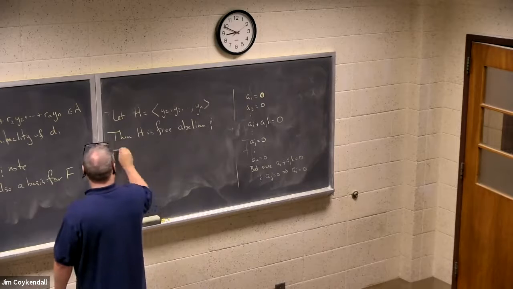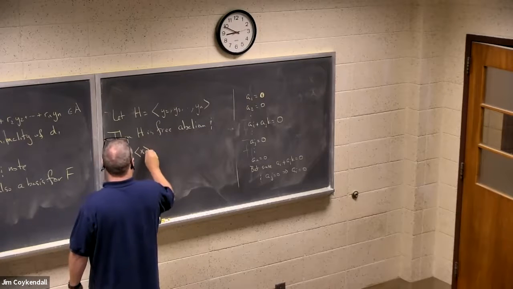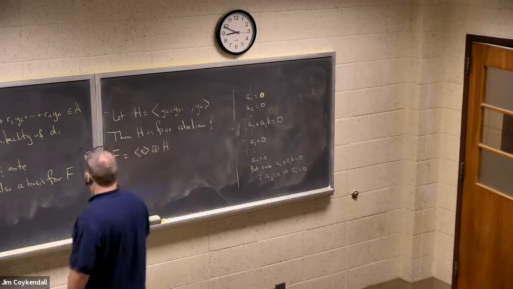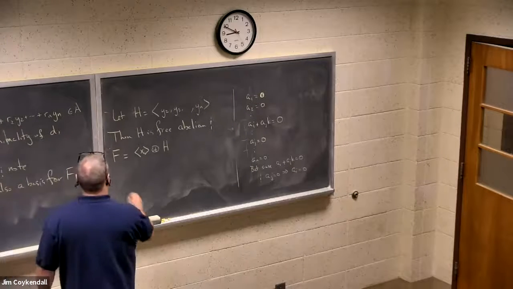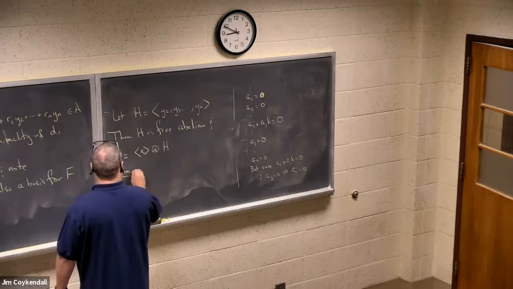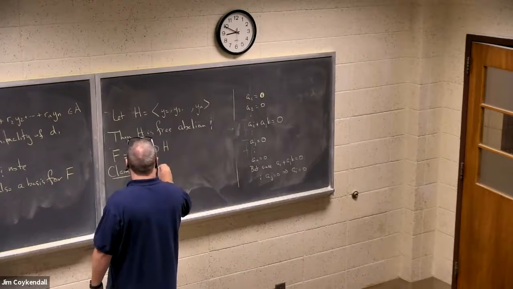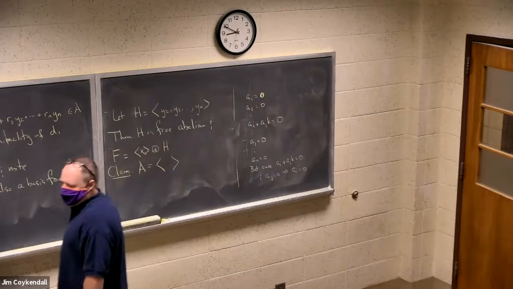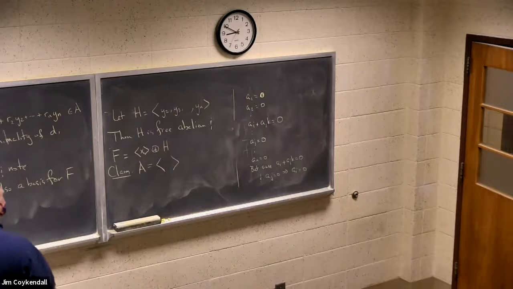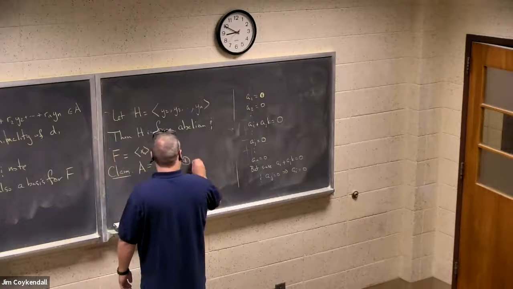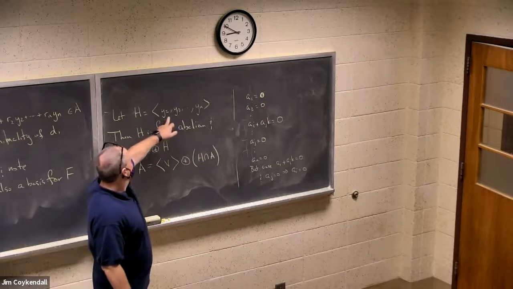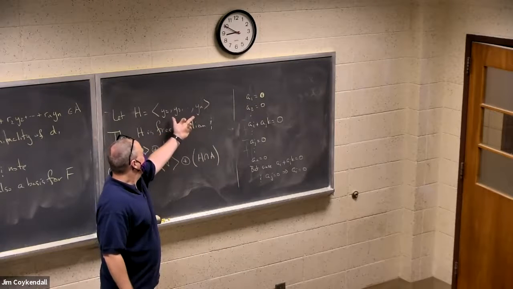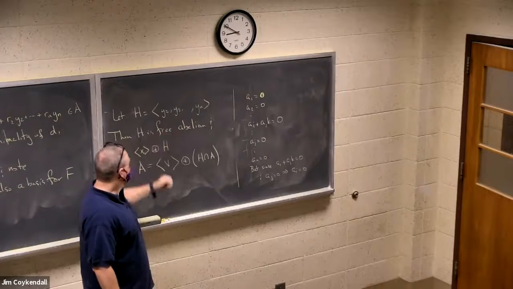And F is the direct sum of X1 and H. And I claim, and this will be for next time, we'll finish it next time, I claim that A is the direct sum of A intersect the span of X1 and A intersect H. So H is generated by the n minus 1 linearly independent elements, so it itself is free abelian.